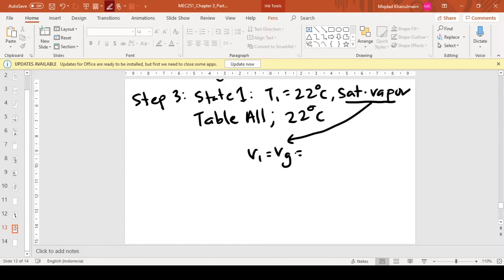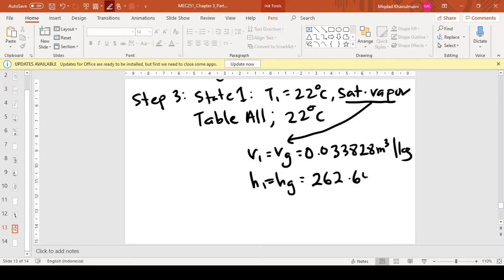Looking at the table, 0.033828 meter cubed per kg. And also the enthalpy is Hg since it's saturated vapor. Looking at the table, 64 kilojoules per kg. So those are the properties required at state 1.